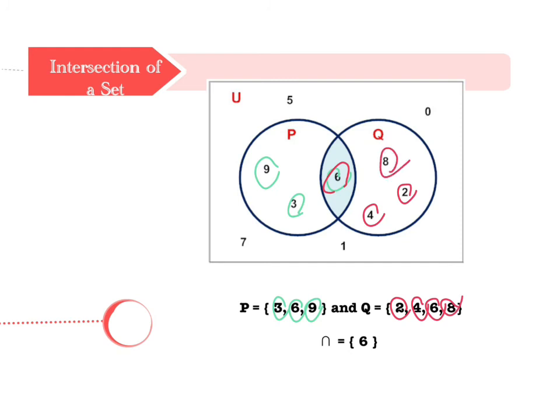So, napapansin natin, yung part na kung saan nag-intersect ang set P and Q, yung shaded part, ay ang tinatawag na intersection of a set. So, you are going to write P intersection Q, nakabaliktad na U, is equal to the set with the element 6.